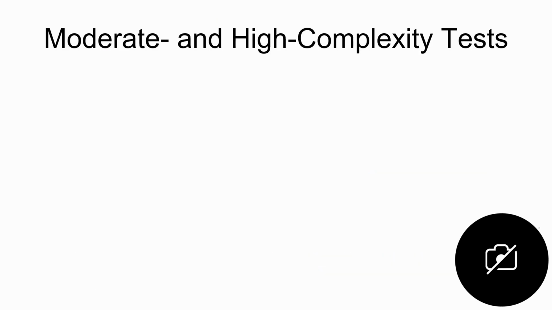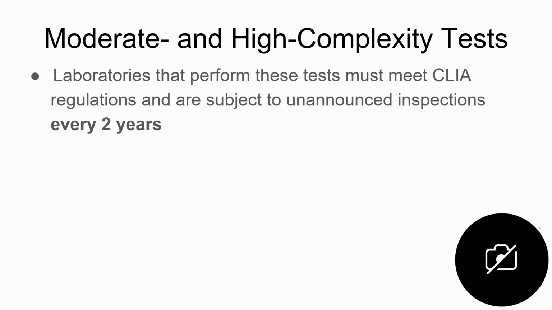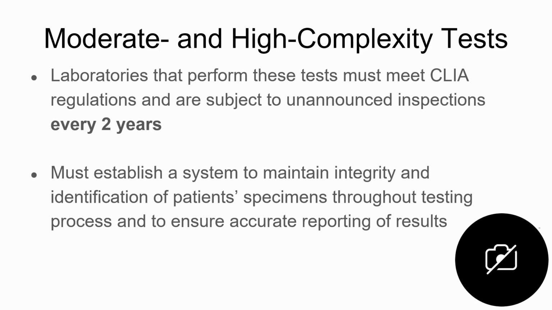So what are moderate and high complexity tests? Laboratories that perform these tests must meet CLIA regulations, subject to unannounced inspections every 2 years. Usually they don't come announced, but that's why you really need to be on top of things like maintenance, calibration, proper supplies.